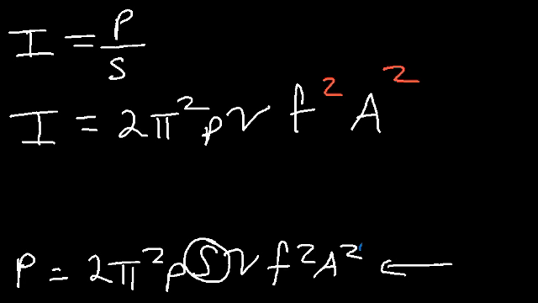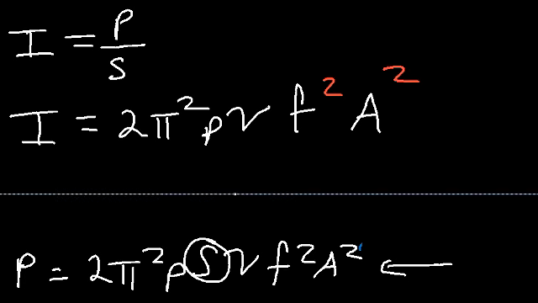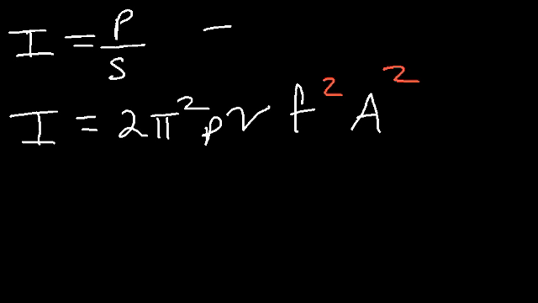So from this equation, we could see that intensity is directly proportional to the square of the frequency. It's also directly proportional to the square of the amplitude.